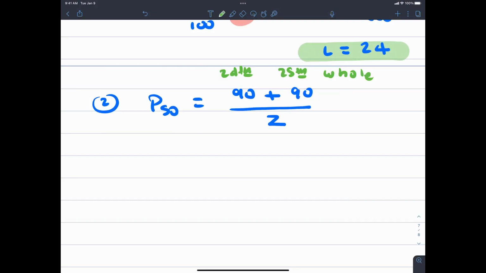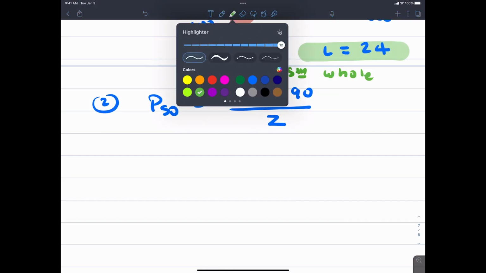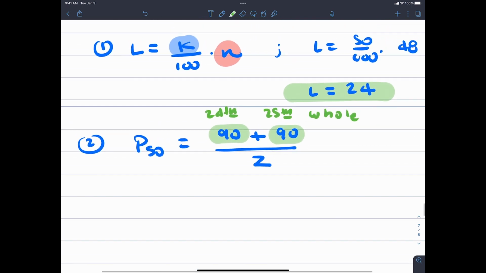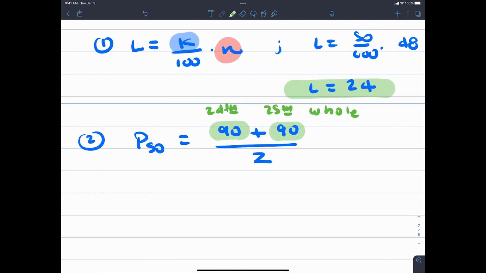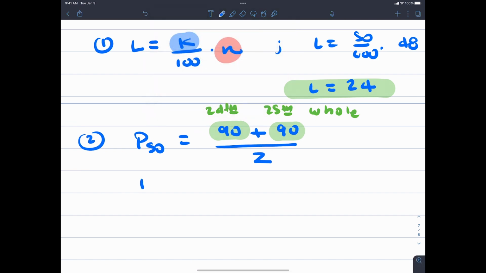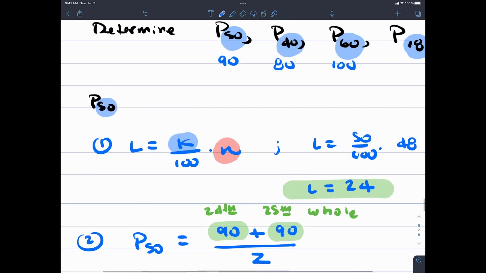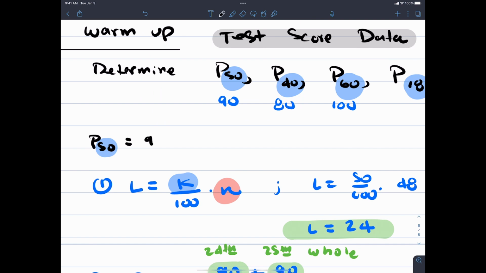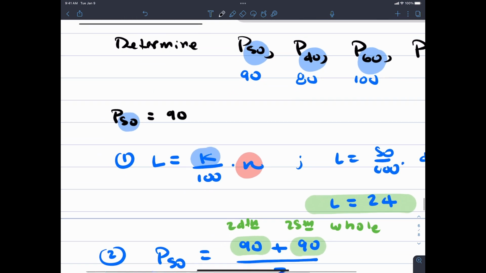You guys need those two. So what is midway between 90 and 90? Anybody know? 90. Good job. So ladies and gentlemen, what did you just find? The 50th percentile. That's the procedure.